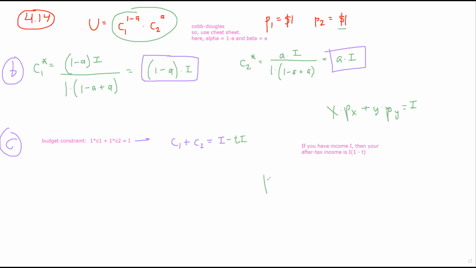Let's say you have $100 and the tax rate is 30%. Then what is your after-tax income? If you tax that $100 by 30%, you're left with $70. Is the formula consistent with that? That would be 100 times 1 minus 0.3, which would indeed be $70.